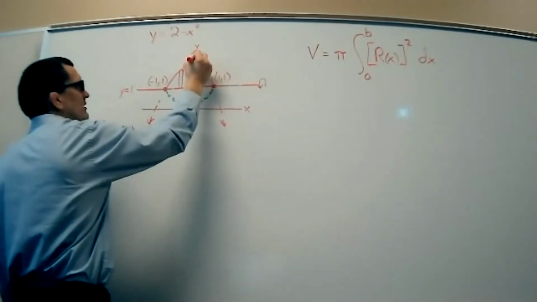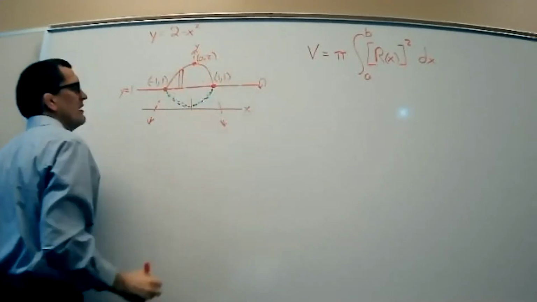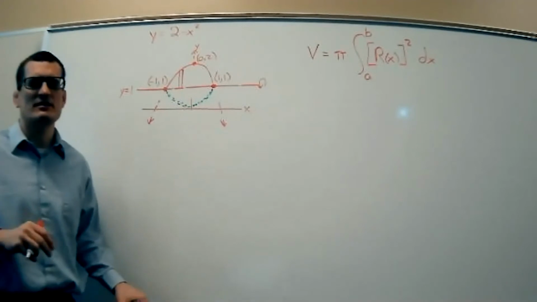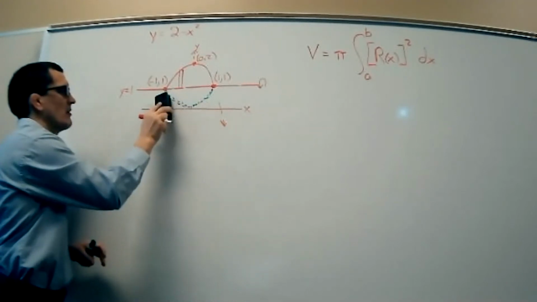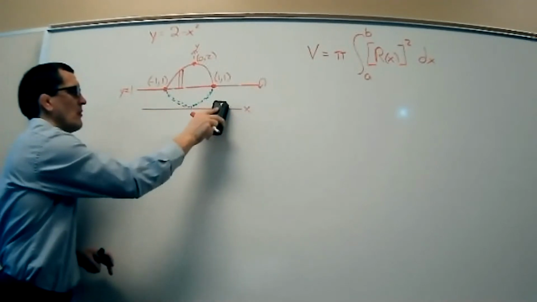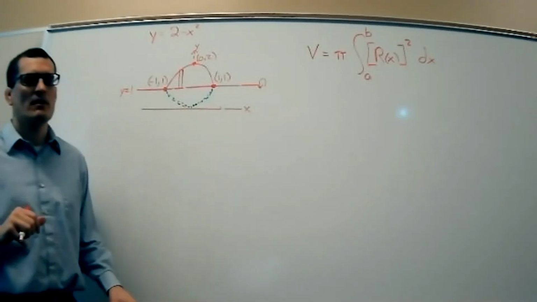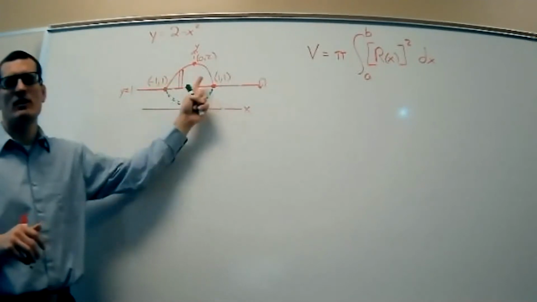This point up here is 0, 2. Again, you can see this sometimes gets fairly messy looking. So as far as x values go, we're going to go from -1 to +1.